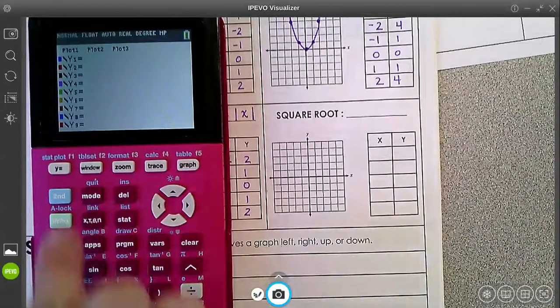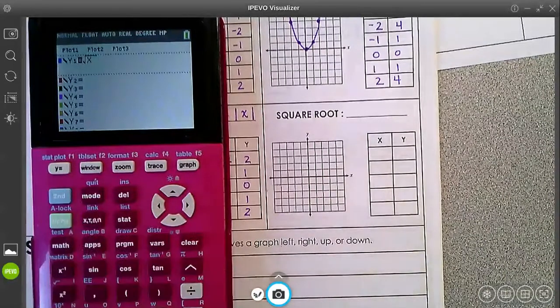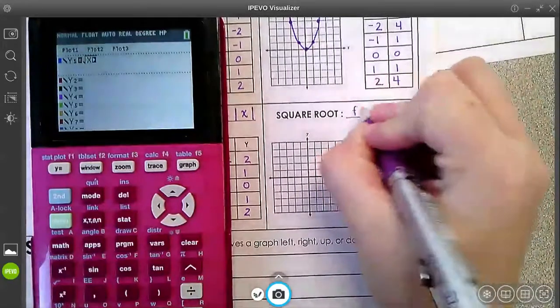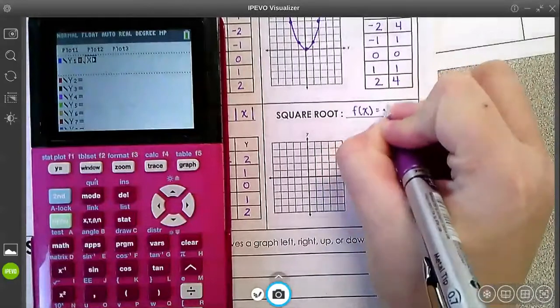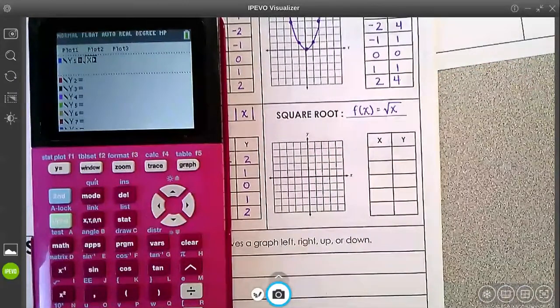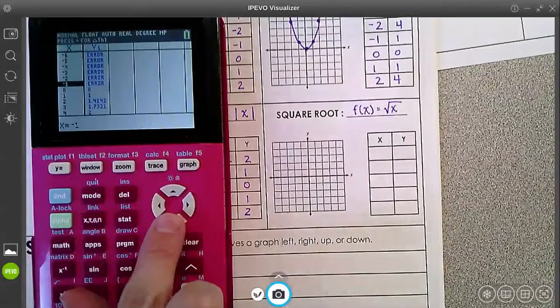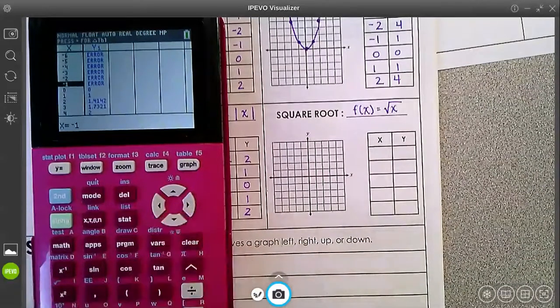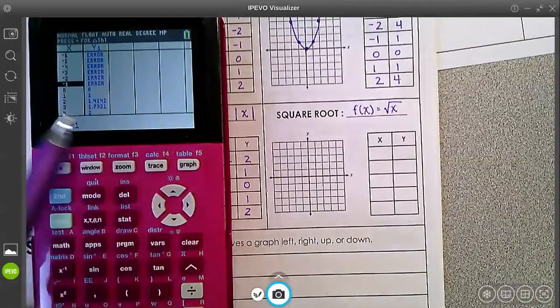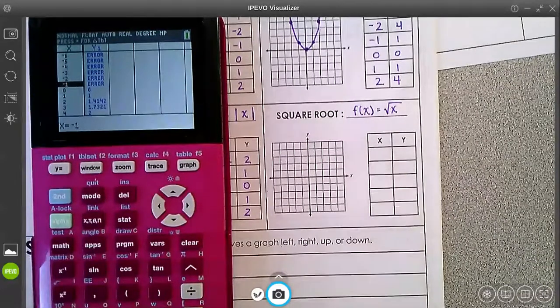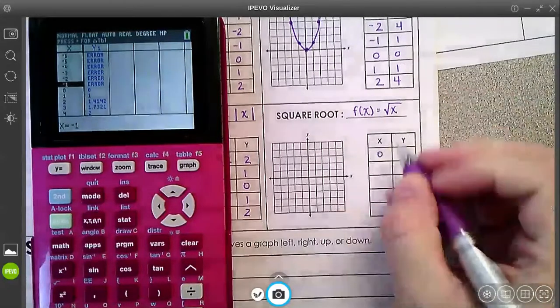And then the last one is the square root of x. So f of x equals the square root of x. If you look at the table, anytime there's a negative x, there's an error, because you can't take the square root of a negative number. So it actually will start at 0.